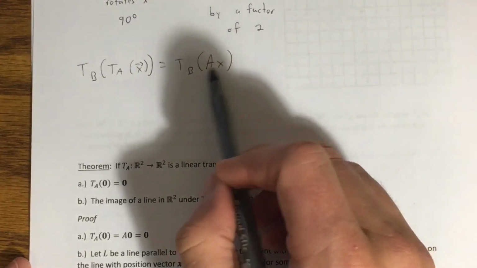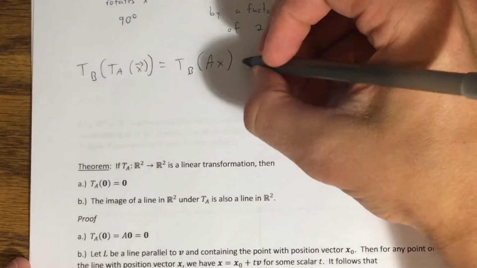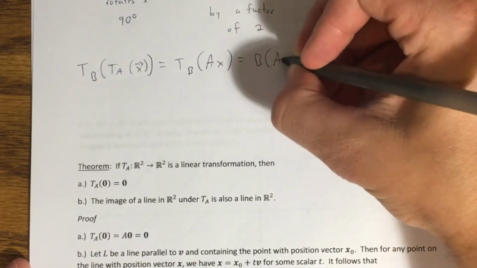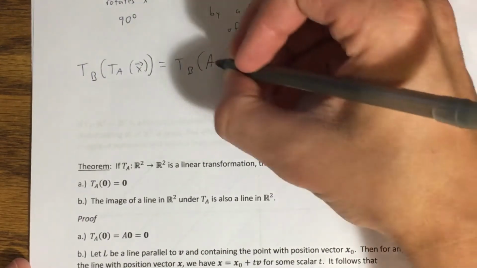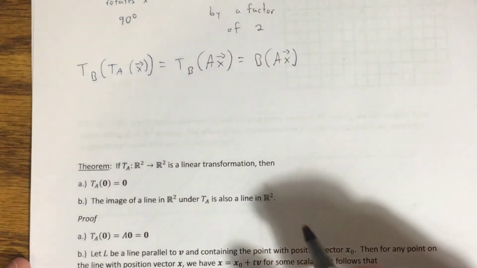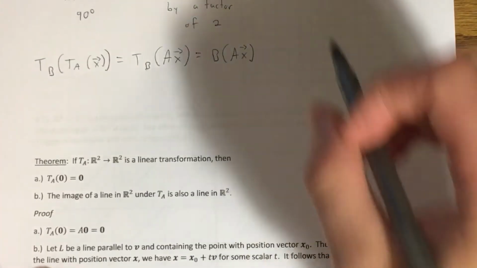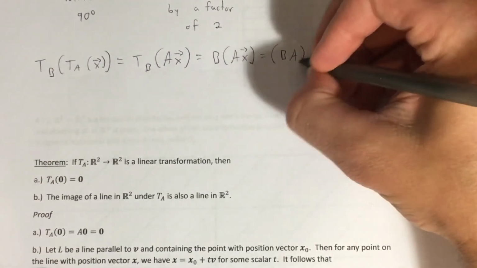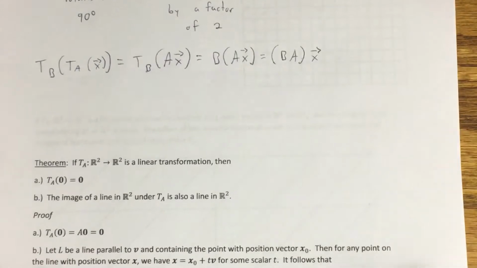But then if I were to take this and use it as an input for this function, this would be B times its input, B times Ax. Use my arrow notation. And then finally, that's matrix multiplication, which has the associative property. I could write this as BA of x, which is what we were asked to show.